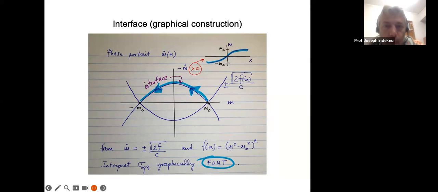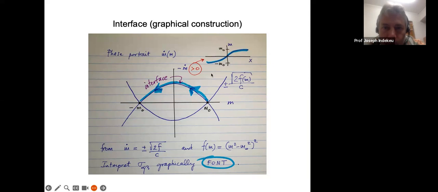So we go from m0 to minus m0. And that's actually opposite to what we have done in this picture, but it is of course fully equivalent. The interface between minus m0 and m0 is the same as the one between m0 and minus m0. So if we follow this trajectory in this sense, we have a negative m dot, and so we are in the upper half space if we call this minus m dot.